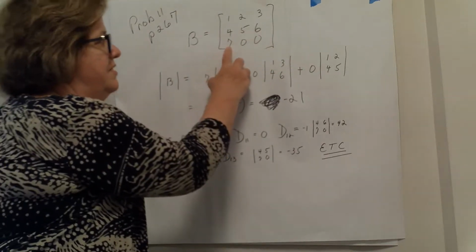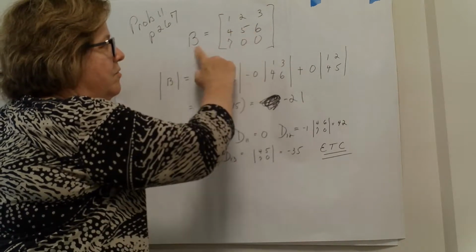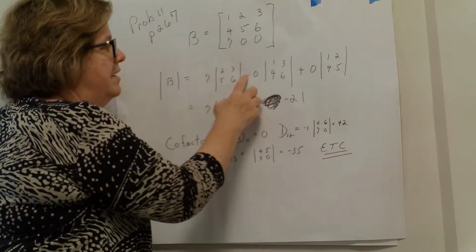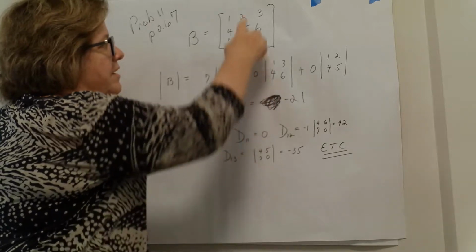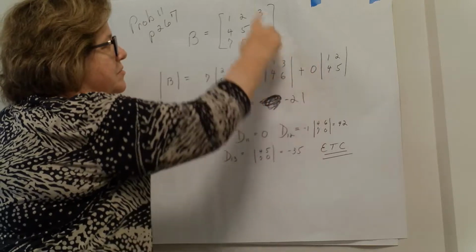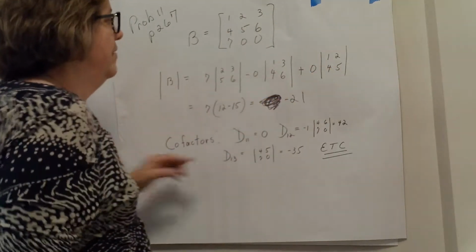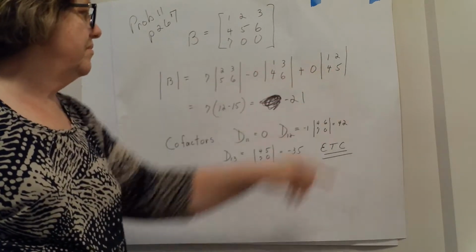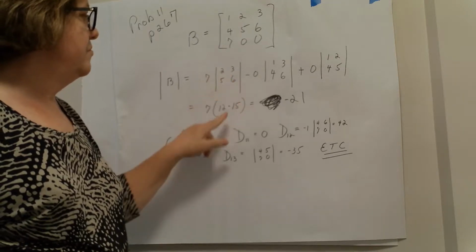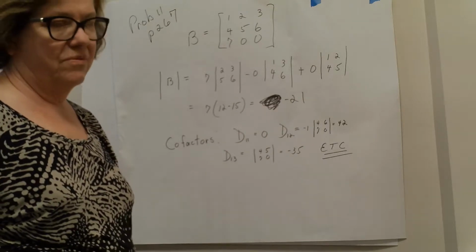So I'm going to do 7 times the matrix left when I take away the row and the column that 7 is in, 2, 3, 5, 6, minus 0 times what I get left when I take away that row and that column, plus 0 times what I get when I take away that row and that column, 1, 2, 4, 5. Well, it doesn't matter what these are, 0. So all we have left is 7, and then it's 2 times 6 is 12, minus 3 times 5 is 15, -3 times 7 is -21.